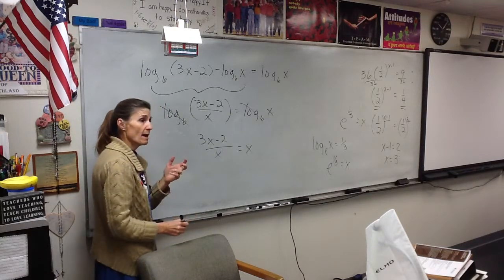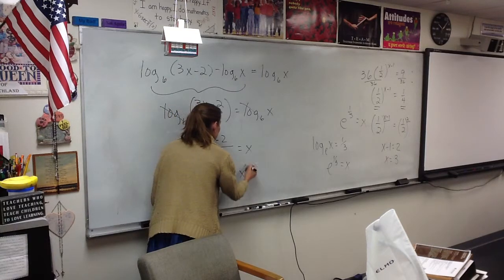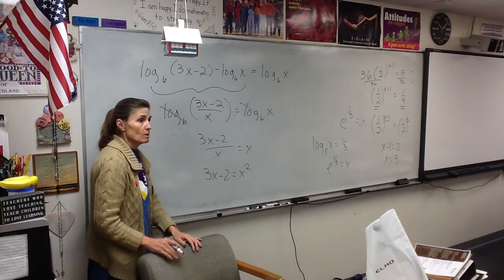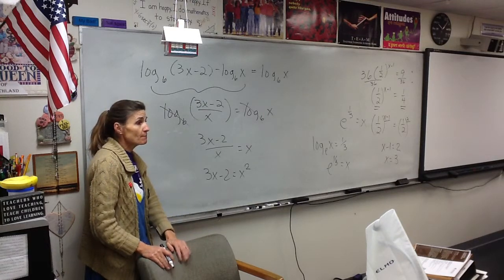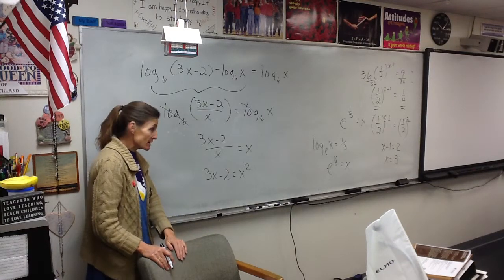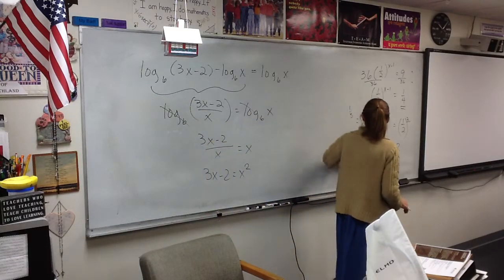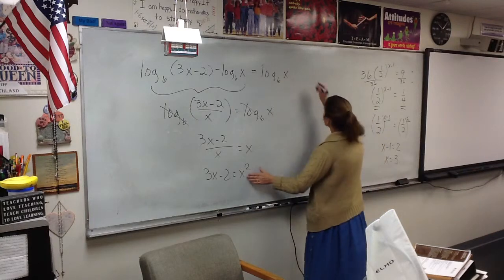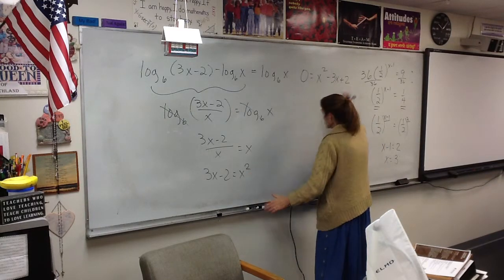How do I solve that? So 3x minus 2 equals x squared. What kind of equation is that? That's a quadratic equation, so I need to set it equal to 0. So I'm going to say 0 equals x squared minus 3x plus 2.